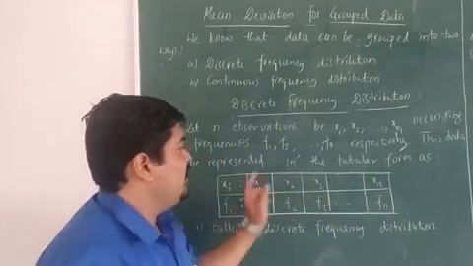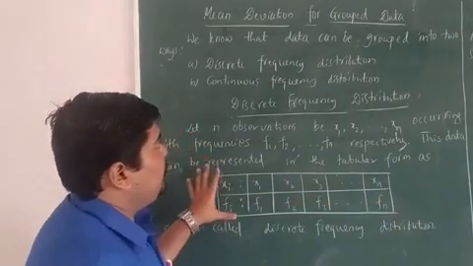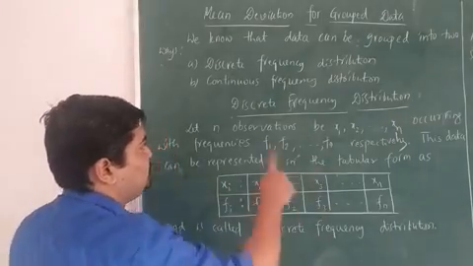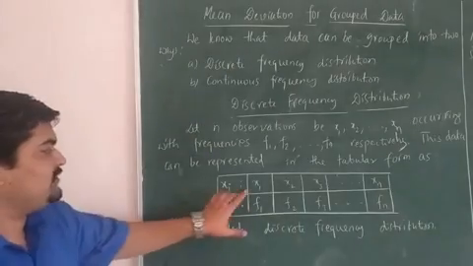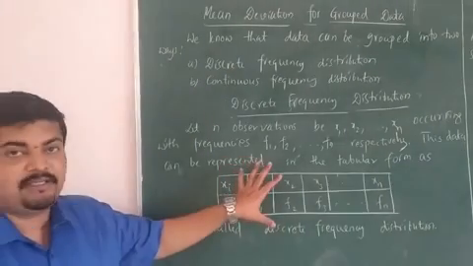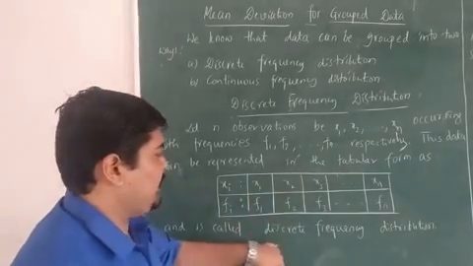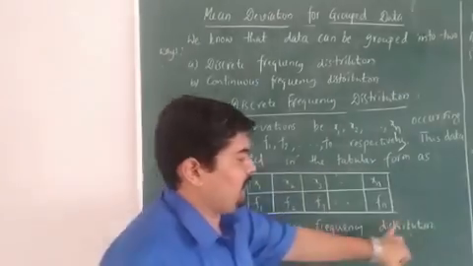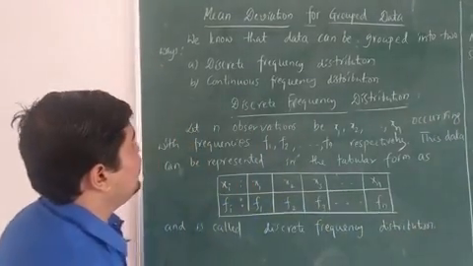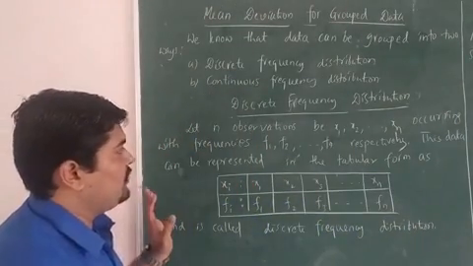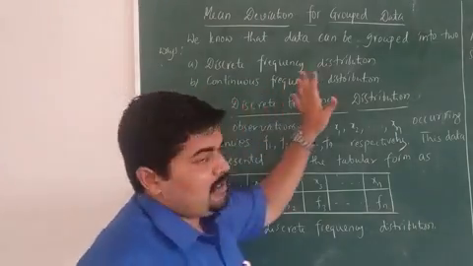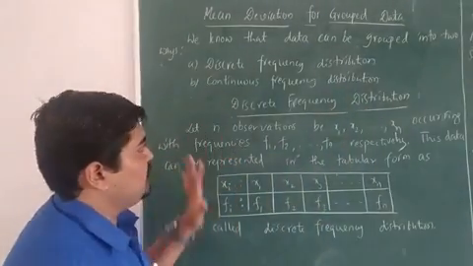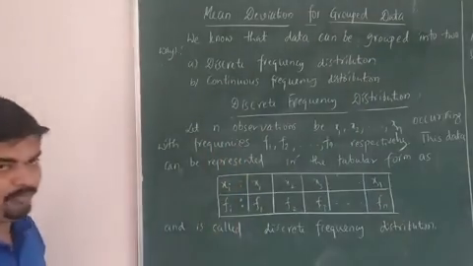This is the representation of the given data points with respect to the discrete frequency distribution. This tabular form of representing the statistical data is known as discrete frequency distribution. This is the basic introduction about the grouping of the given data points in terms of discrete frequency distribution.